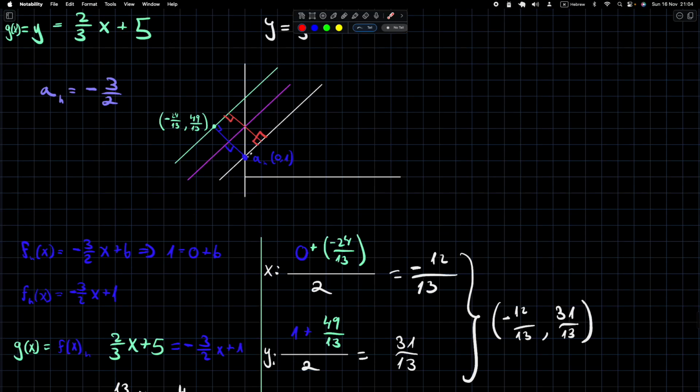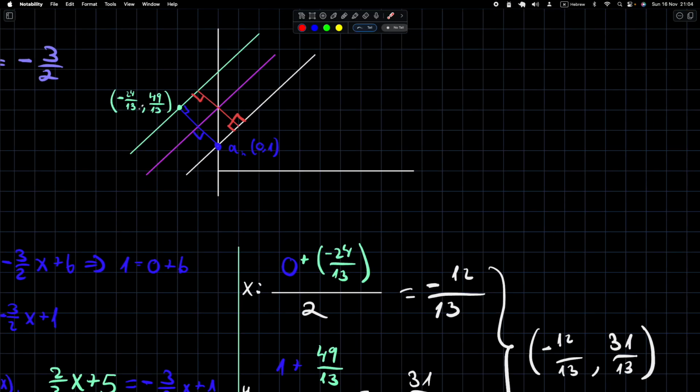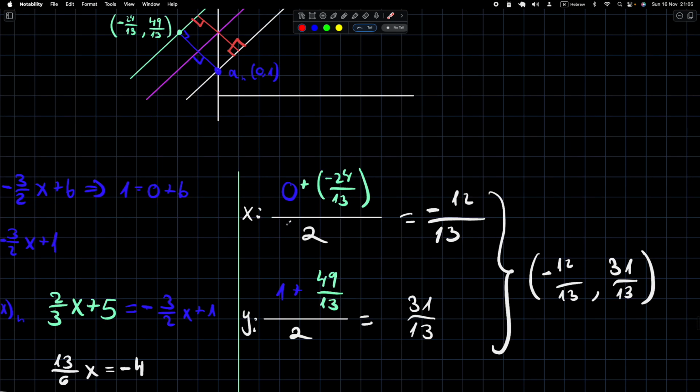Then I know that the middle point has to be in the middle between them, because we said we're looking for exactly the same distance from both of them. So if I take this line, the pink line is going to be at the exact middle. So what I did was just take the average.